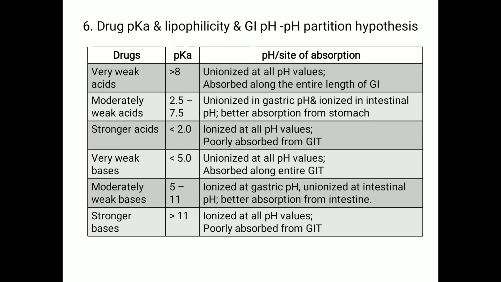From the table we come to know that with stronger acids as well as stronger bases there will be stronger ionization and more of the ionic form of the drug, so they remain ionized at all pH and are poorly absorbed from the GI tract. Okay, so this is the effect of drug pKa, lipophilicity and gastrointestinal pH.